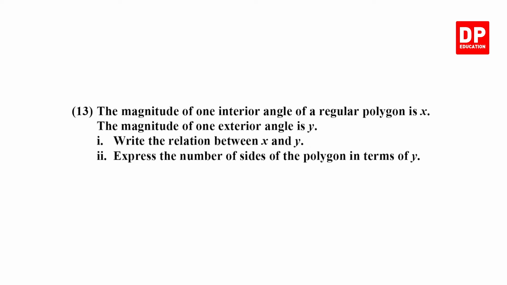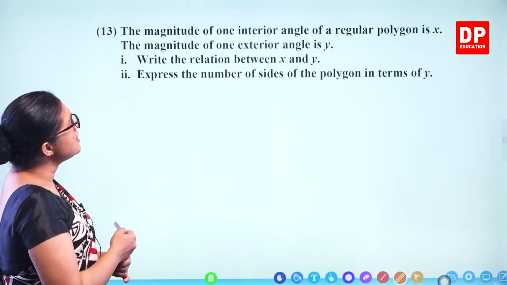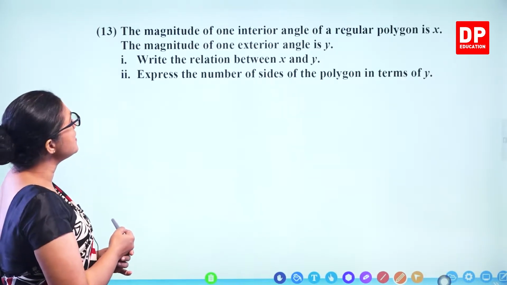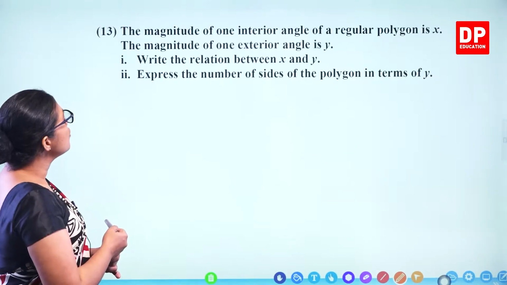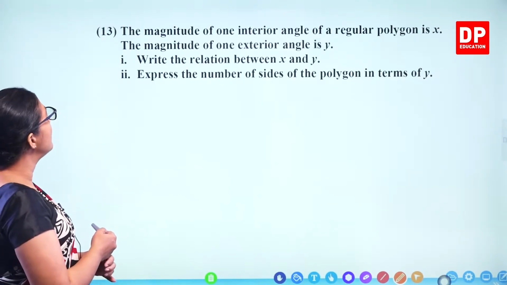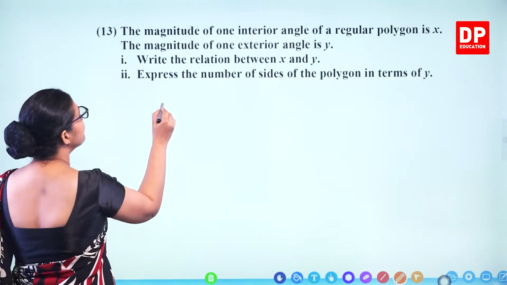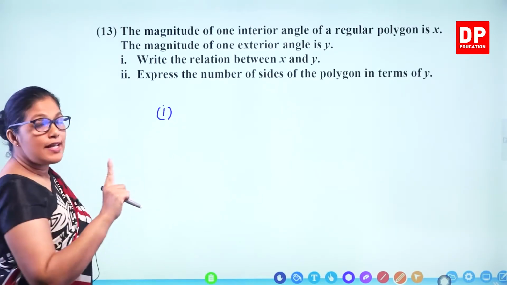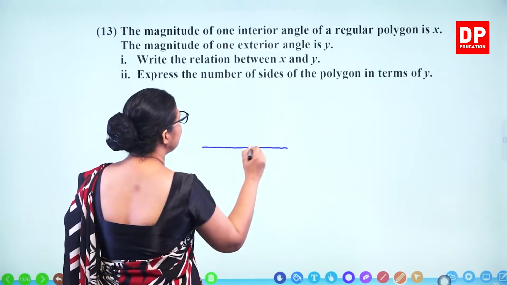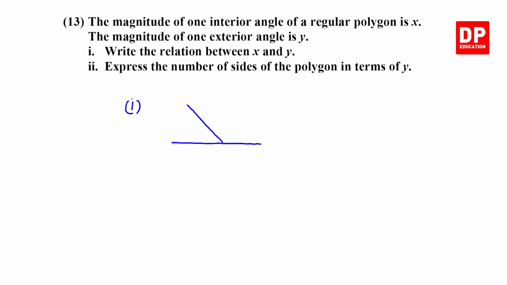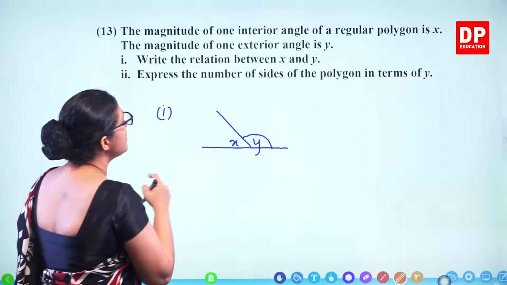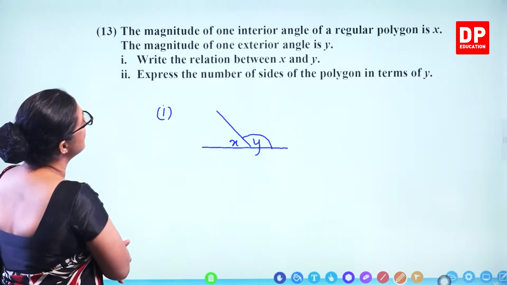Question number 13. The magnitude of one interior angle of a regular polygon is x. The magnitude of one exterior angle is y. Write the relationship between x and y. What's the relationship? For any polygon, the exterior angle is y and the interior angle is x.